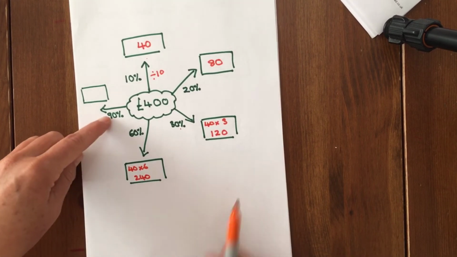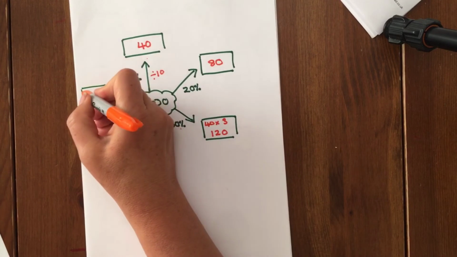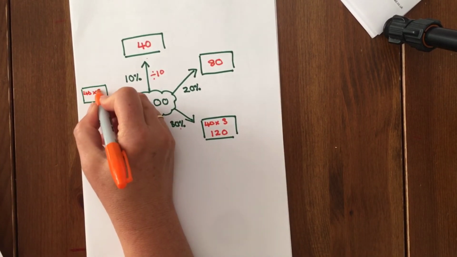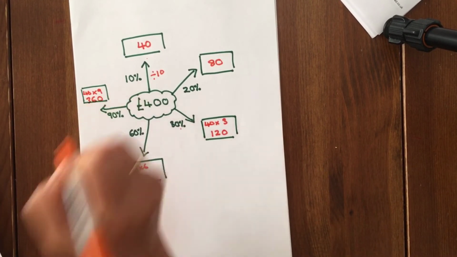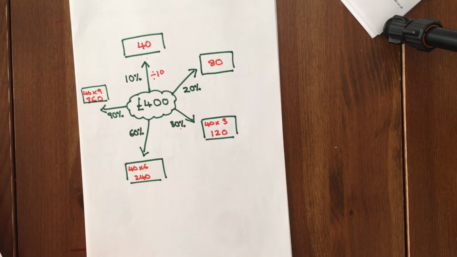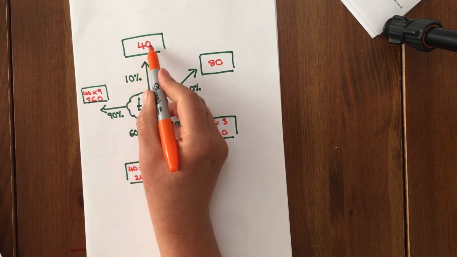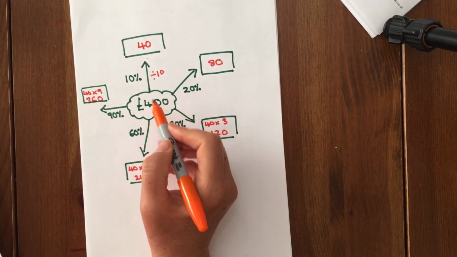Okay, and the last one, 90%. I've got 10% is 40. I want 90%. So 40 times 9 is 360. I can also see actually, if I know 10%, which is 40, and I take it away from my original, which is 100%, okay?